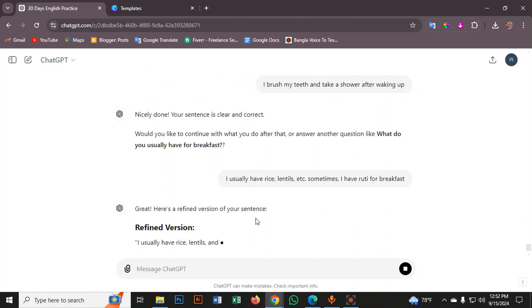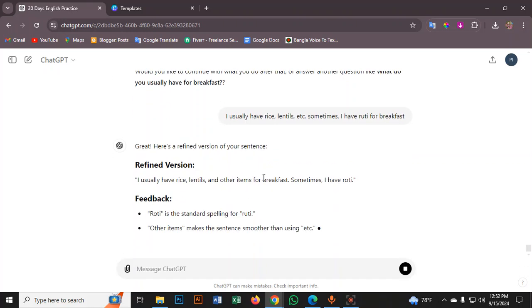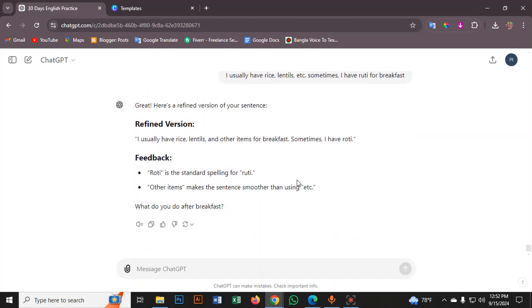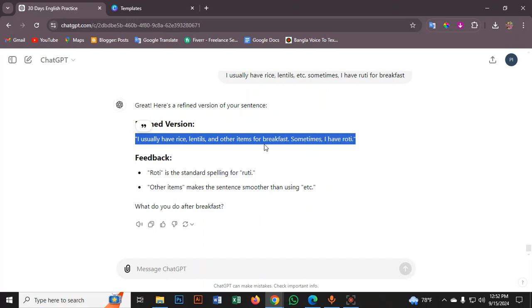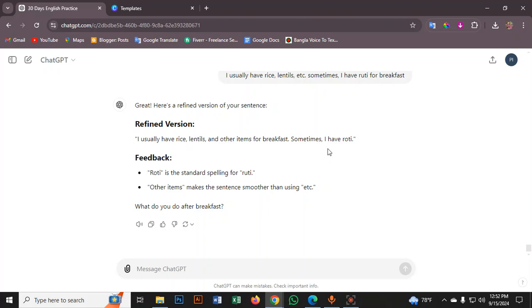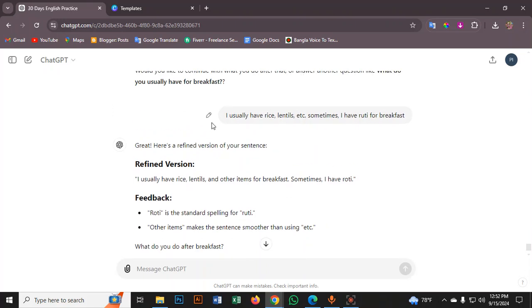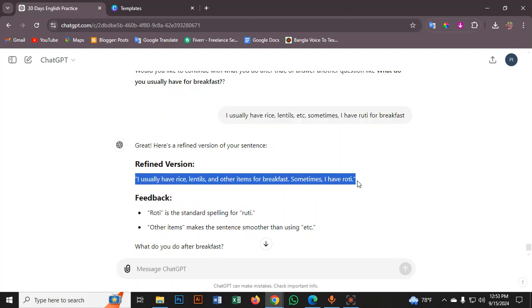He replied to me, great. Here's a refined version of your sentence. Refined version: I usually have rice, lentils, and other items for breakfast. Sometimes I have roti. This is the difference between my answer and his refined version.